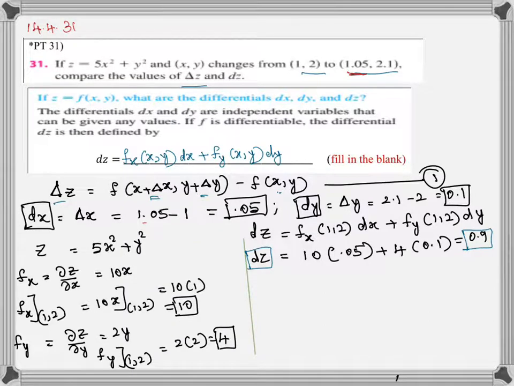Now we will find the actual difference in z, which is denoted as delta z. Keep in mind, the idea is that instead of finding delta z, which is normally difficult because of the nature of the surface, we go with the differential, which will be almost equal to the actual difference of z. That's the whole point of this.